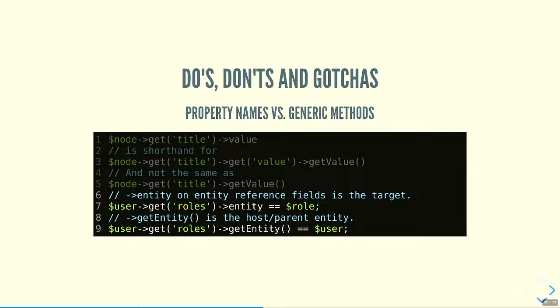That's especially weird in Twig, because if you access the entity property in Twig and it's not set, Twig will helpfully fall back to get entity, and then you get the user back. So if you do user.roles.entity, you always get the value back, even if there's nothing set. This is very confusing, but naming things is hard, and backwards compatibility is also making it hard to improve this.